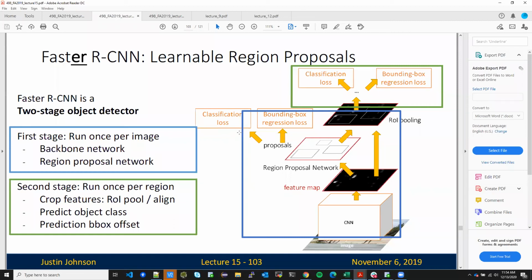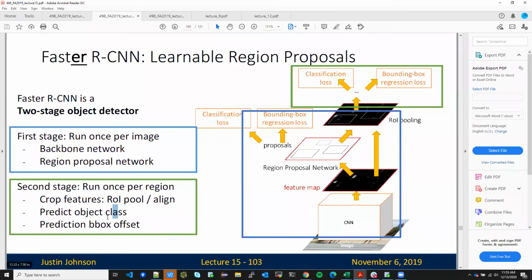Maybe you can set it so that at the end of stage 1 you want, say, 300 to 400 region proposals. Then I pass them to stage 2, which says, given a region, what is the potential class, and then tries to find the best bounding box.